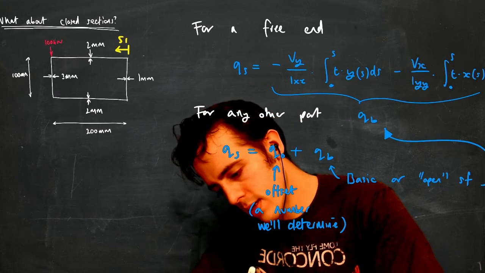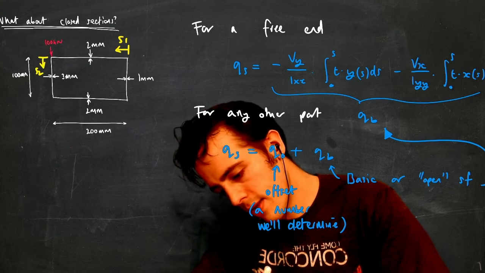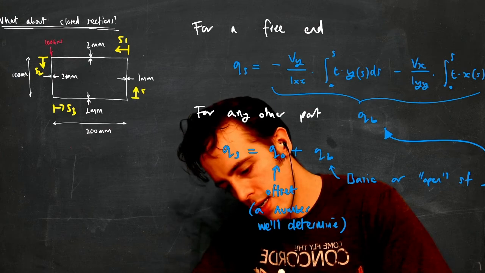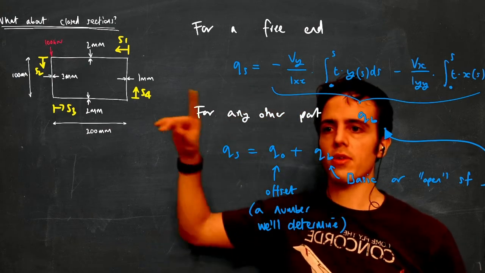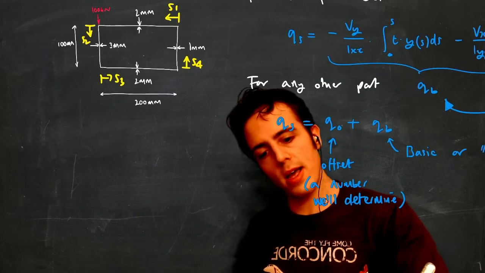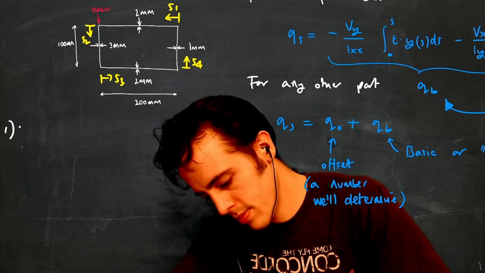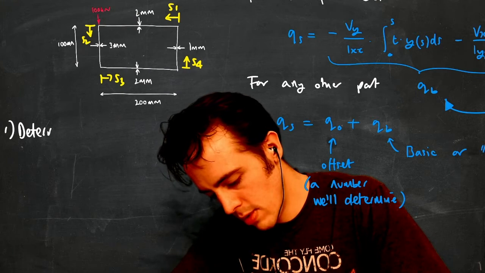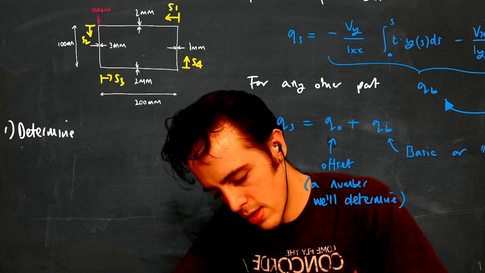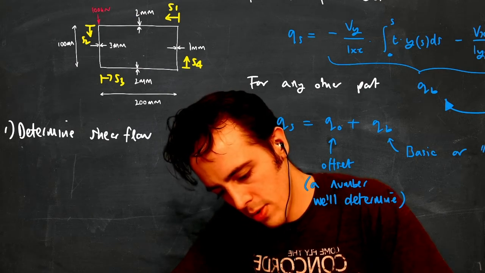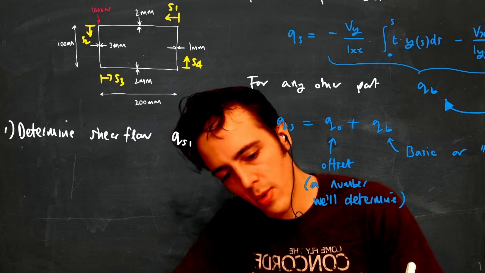define this as S1, S2, S3, and S4. If we were to start our problem like this, the way that we would solve it is, 1, we would determine shear flow Qs1.